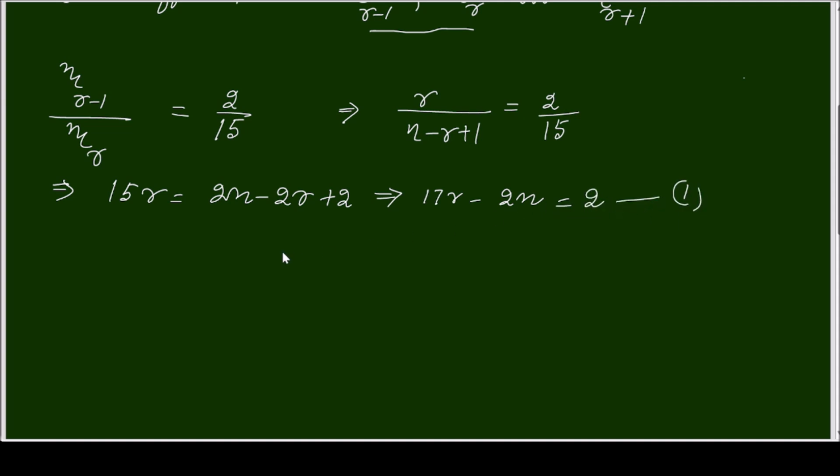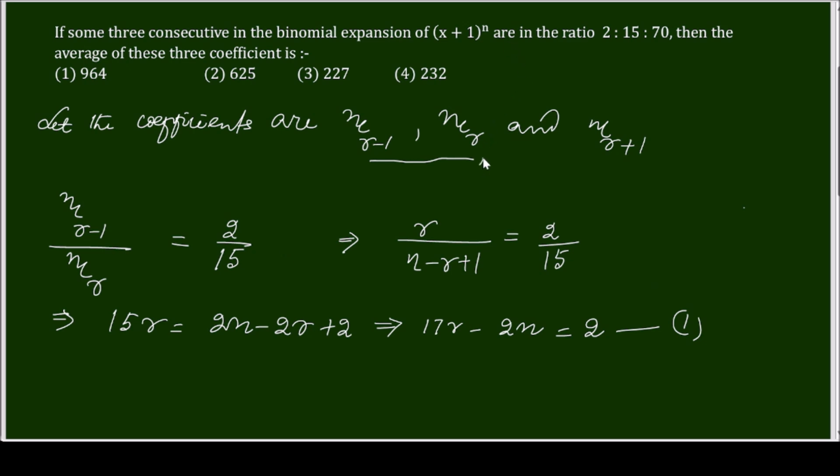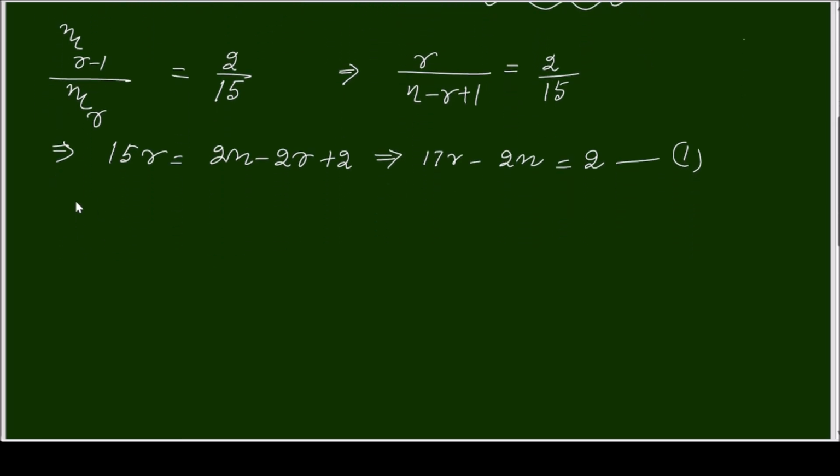Now when you take the second two, you are getting the ratio 15 to 70. So nCr over nC(r+1). Here also I'll ask you to memorize, that is r plus 1 over n minus r. So this equals 15 by 70.